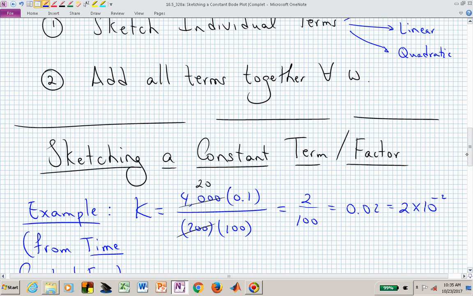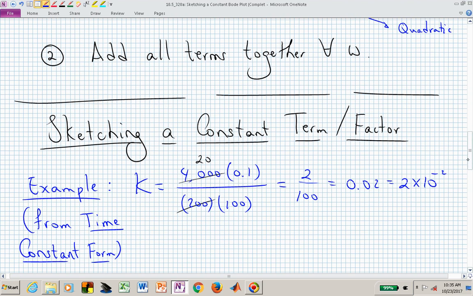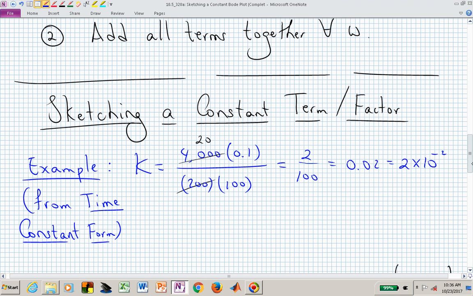In our particular example, we had factored out the poles and zero locations, the constant terms in our pole zero form, and converted that transfer function into time constant form, and that left us with a K equaling 0.02, or 2 times 10 to the minus 12.